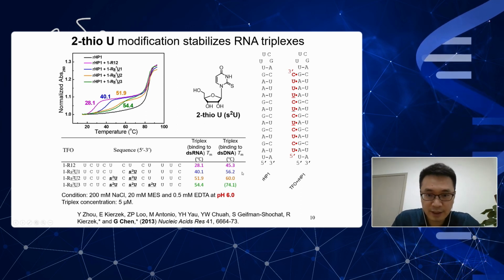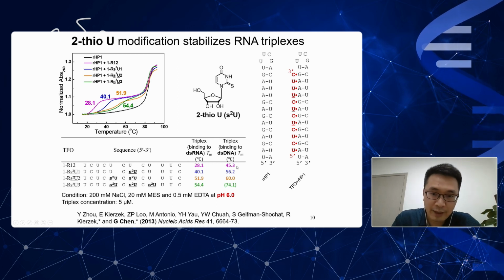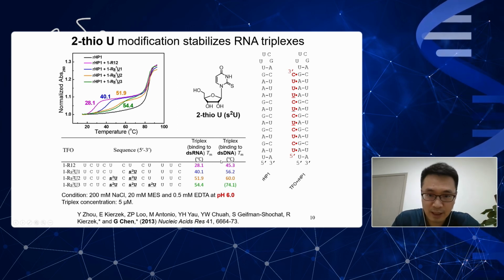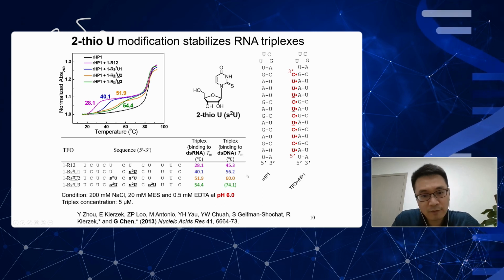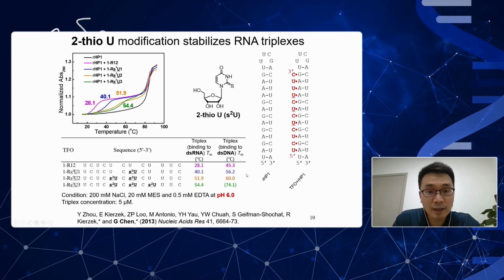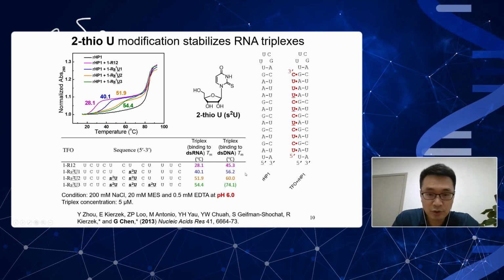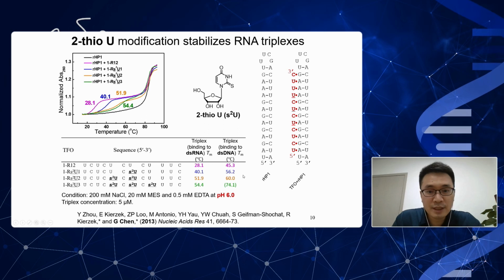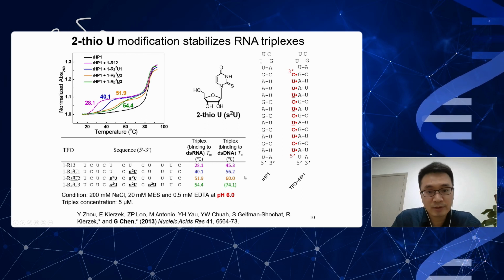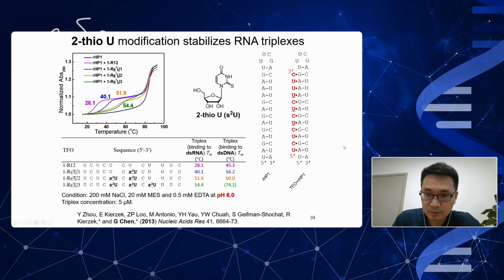The other one is for the TM values when you bind the TFO with the double-stranded DNA. But the goal of our research group is to target the RNA in the cell. So if your TFO binds to the DNA more strongly than RNA, that's a problem. So we have to overcome this problem.